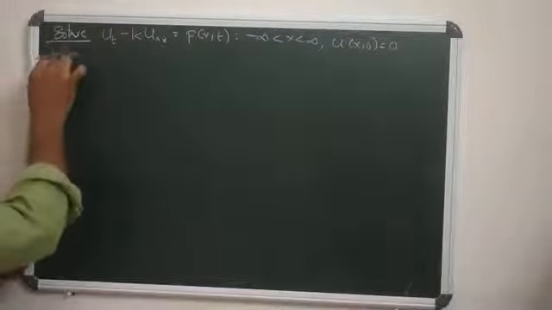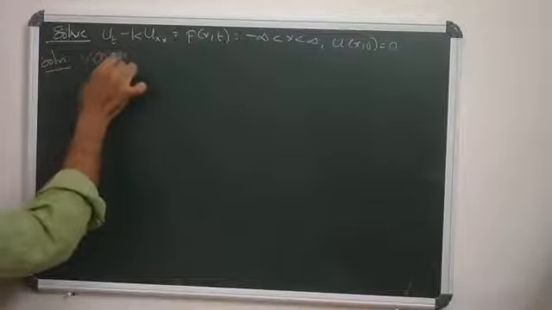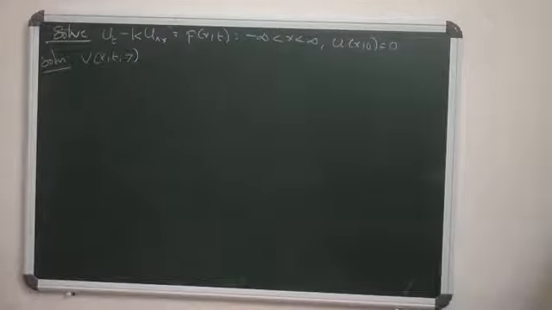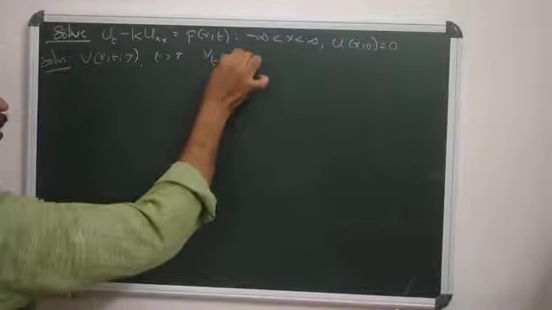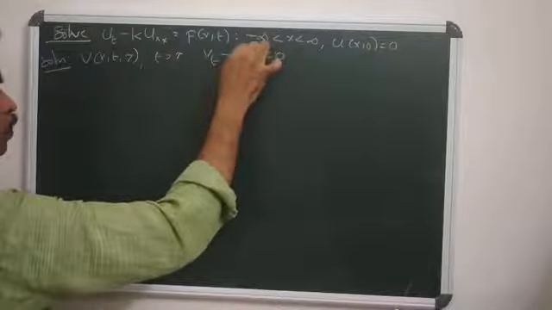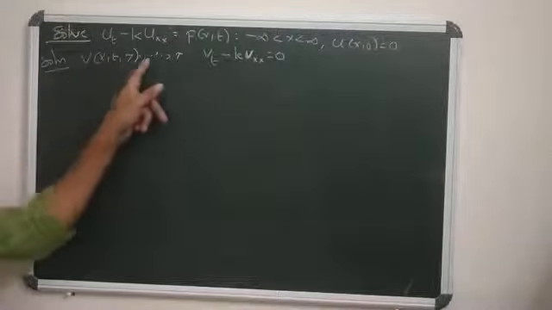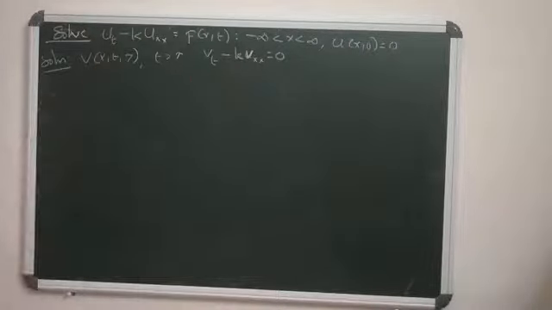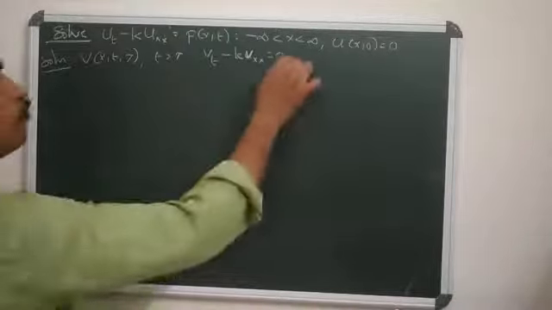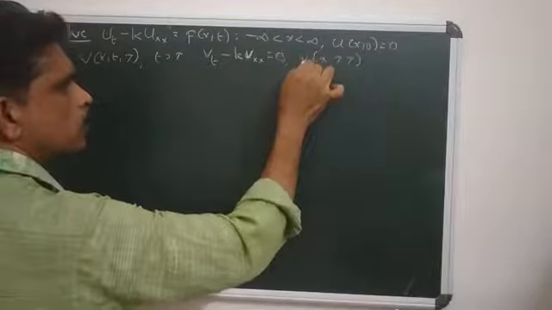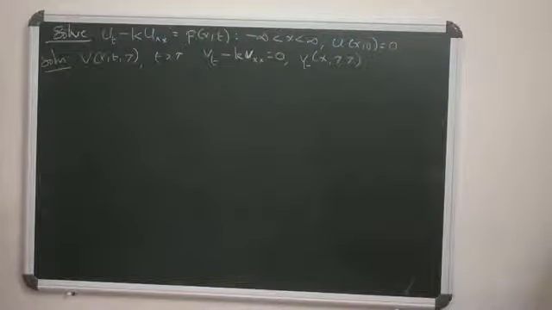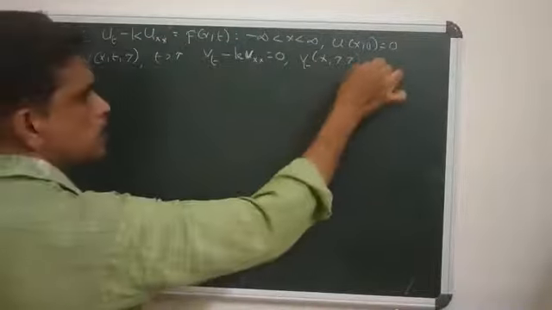By using Duhamel's principle, first we assume the solution is vxt lambda, where t greater than lambda, a solution of the equation vt minus kvxx equals 0, or vt equals kvxx, under the condition vx lambda lambda equals f of x lambda.